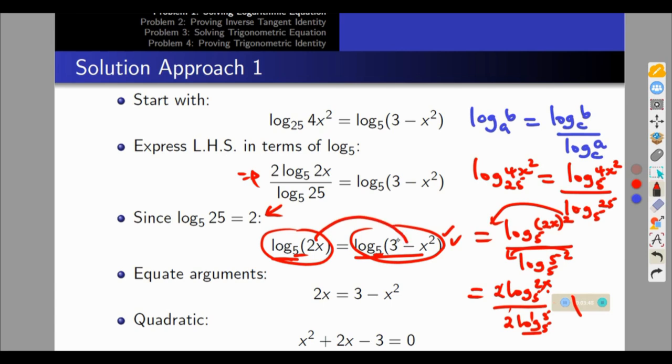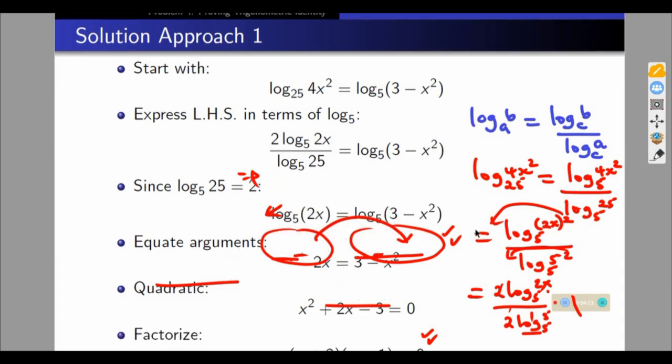So we shall equate the arguments and have 2x equal to 3 minus x squared. From there, we can form a quadratic equation, which will be x squared plus 2x minus 3 equals 0.